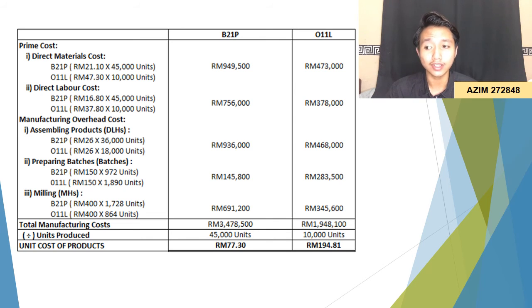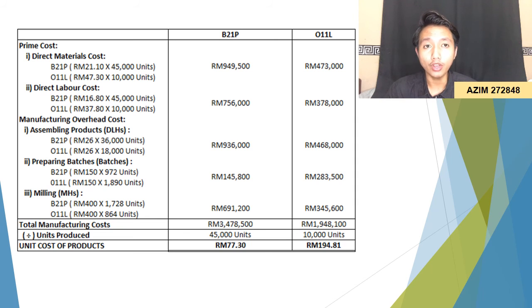355,600 ringgit. So to get the total manufacturing cost, we need to add the prime cost and the manufacturing overhead cost. So for the job B21P, the total manufacturing cost is 3,478,500 ringgit.